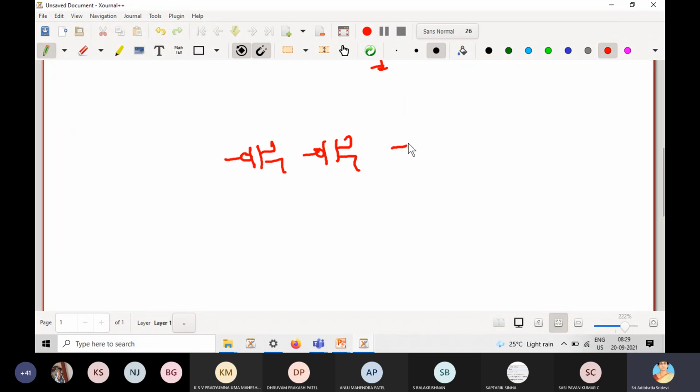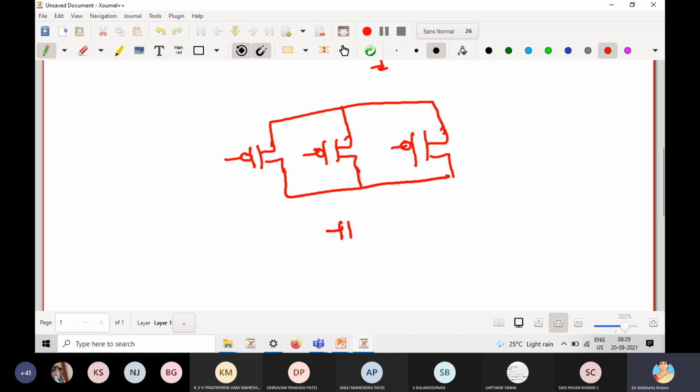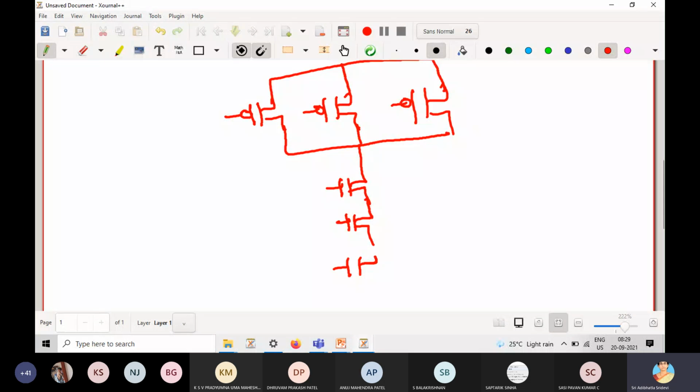Because if it's an inverter, just giving 0 will make the output rise and giving 1 will make the output fall. But for the other gates, if you change the input combination, the conditions of the circuit will change.